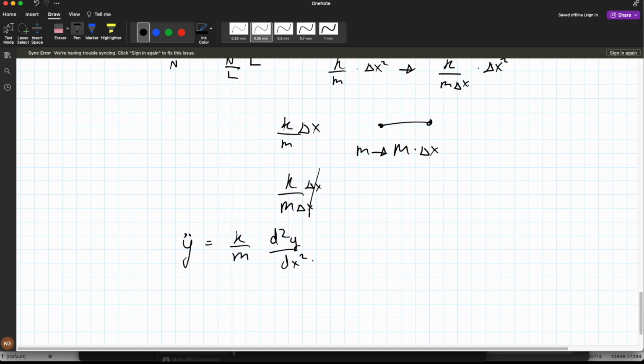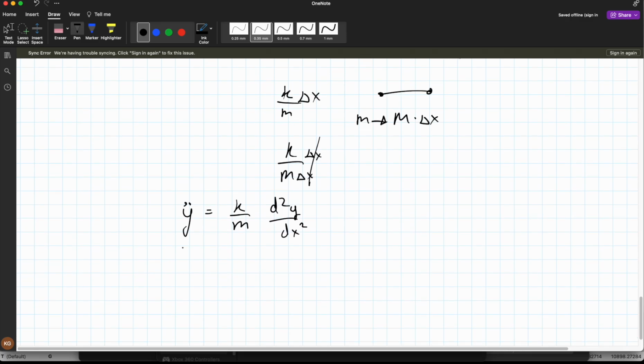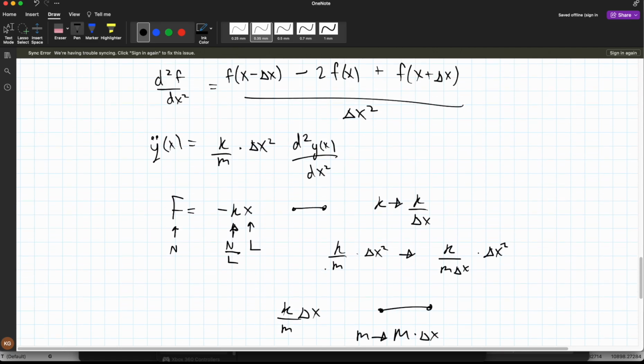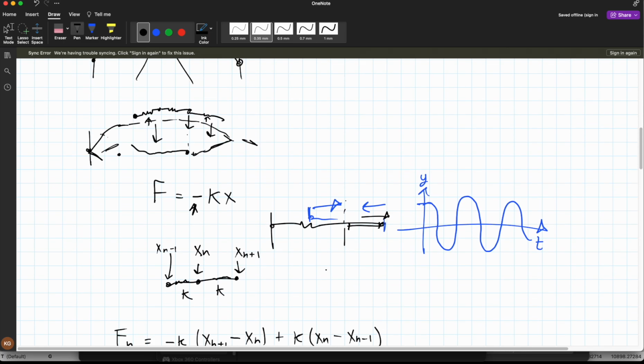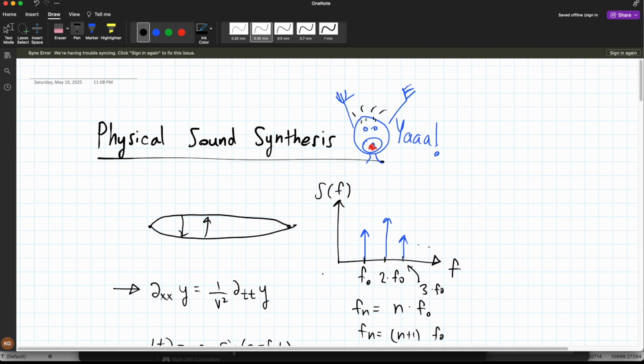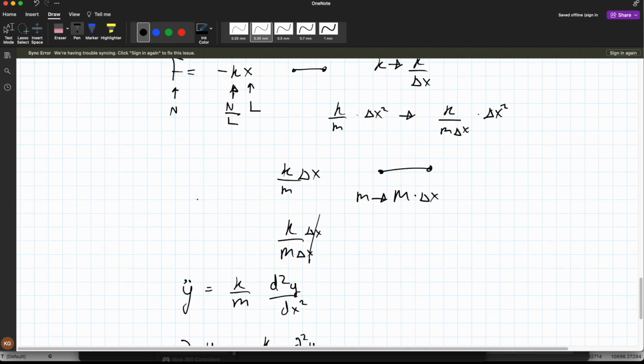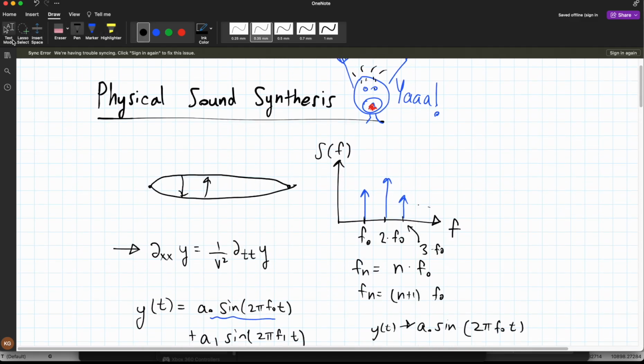And if we write this with a little fancier math, we would say this is d tt, the second derivative of y with respect to time, is equal to K over M times d, the second derivative of y with respect to position. And if we look back up here, all the way up here, that's exactly this equation here. I'll copy that so it's a little more convenient.